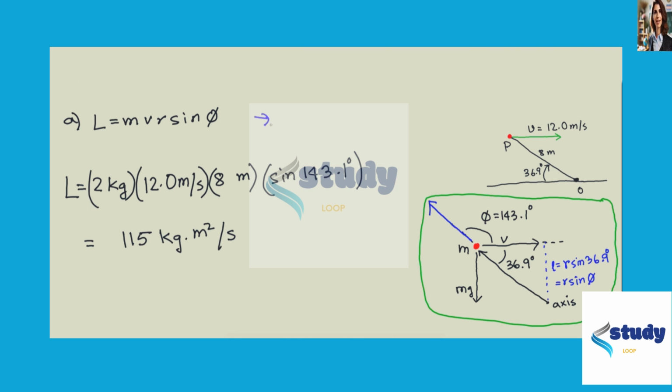We should always remember that momentum and radial vector should act perpendicular to each other, or in other words, only the perpendicular component of the radial vector will have an effect on the angular momentum.